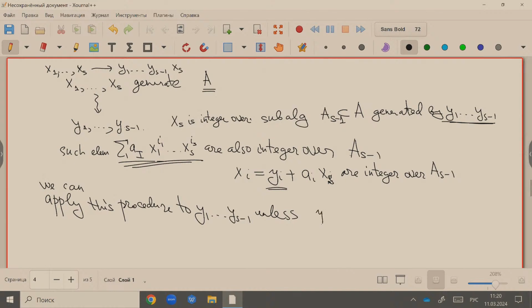So y1, ..., ys minus 1 are algebraically independent.